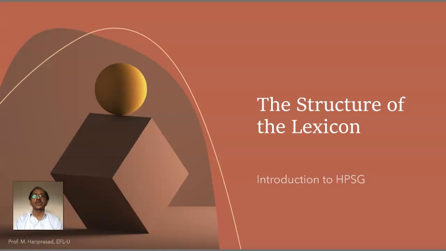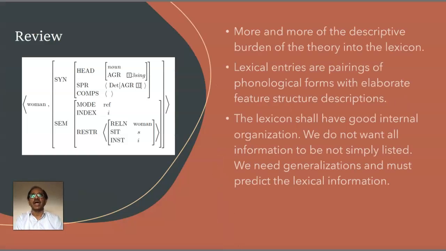In this video we are going to look at how the lexicon is structured. From the beginning we have been reducing the number of rules in grammars. While reducing the number of rules in grammars, we have been burdening the lexicon with a lot of descriptive information.